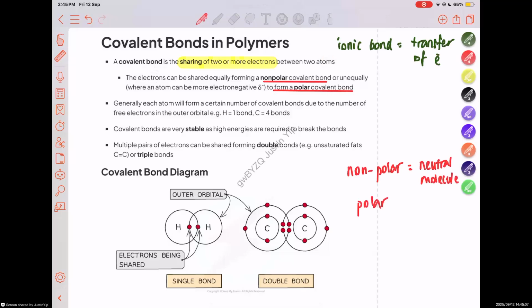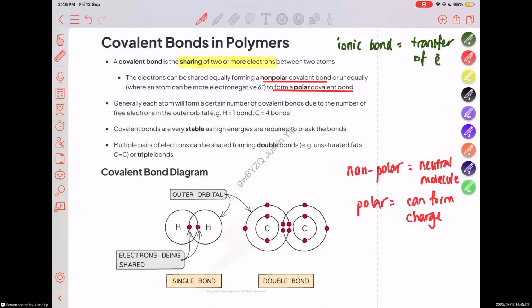Polar means that they can form charge. This one is in your chemistry, so I leave it to your chemistry teacher. I just give you a brief, simple explanation or overview.